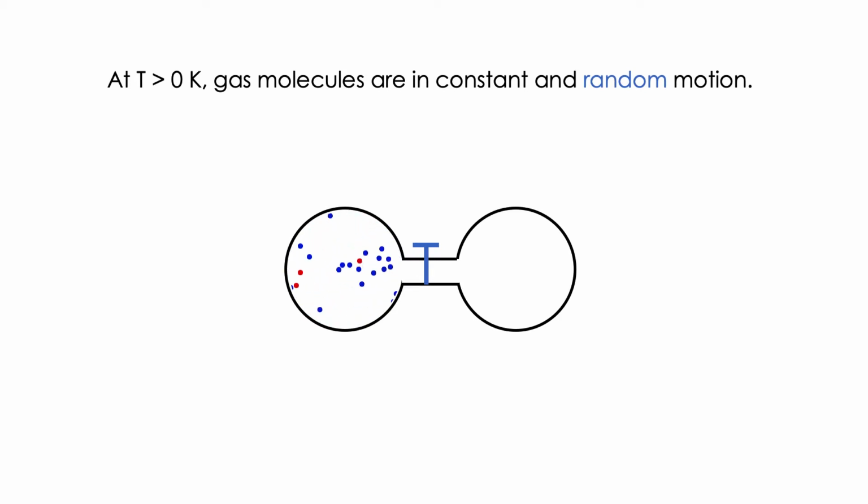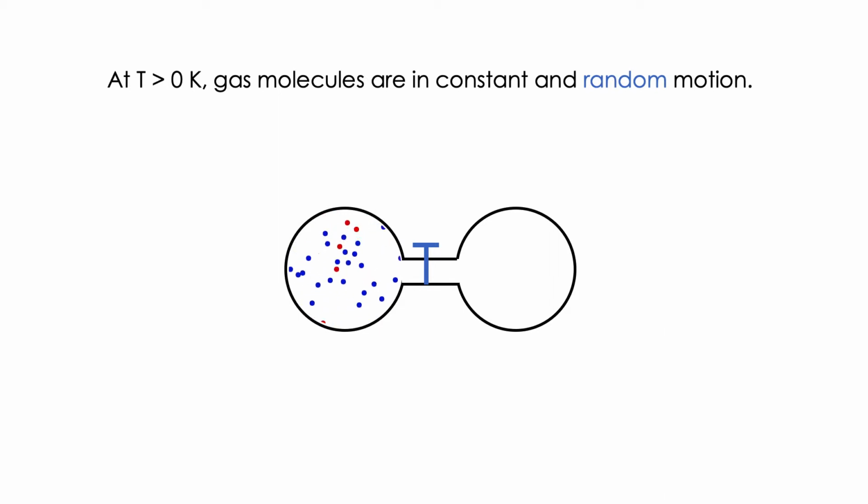So if we have this bulb at any temperature that is higher than 0 Kelvin, gas molecules are in constant and random motion. So this is actually the more realistic representation of what we are dealing with. And let me emphasize, it's very important to highlight the word random, because this is why we are using probability, and this is why we are using statistical methods.